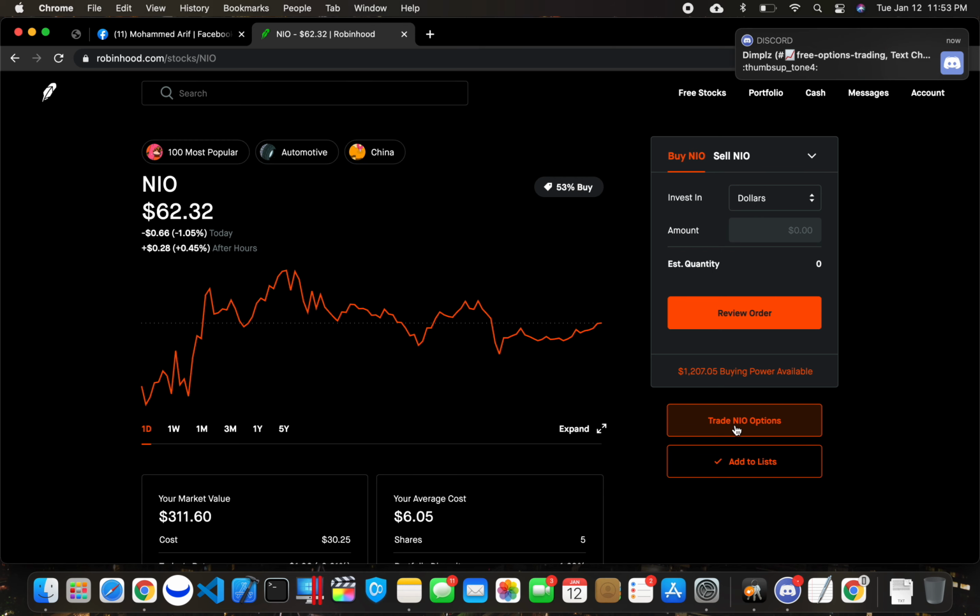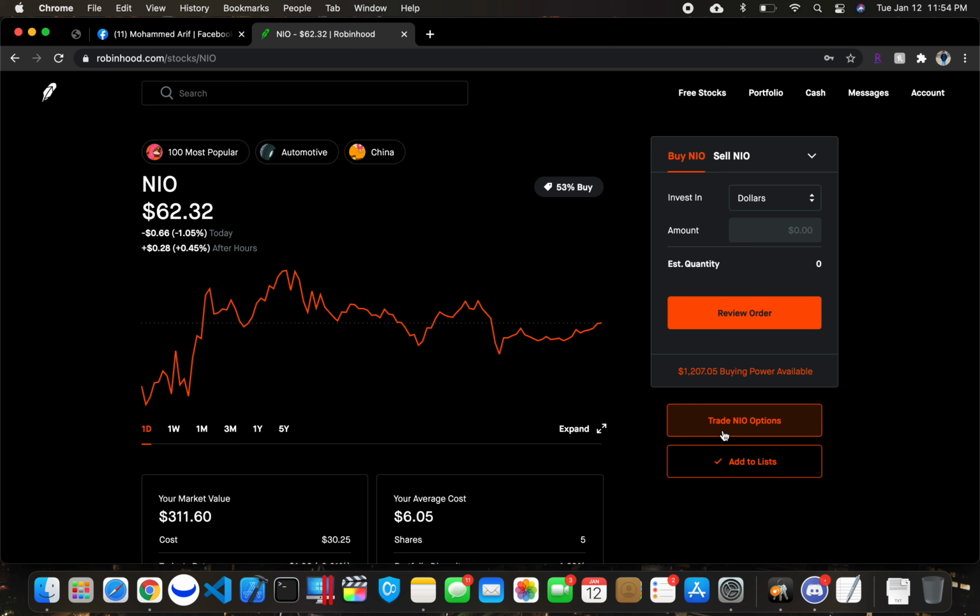If you click on trade, you will see an option that says trade option, sell or buy. You'll always be clicking on trade options on the phone, and on the computer you'll be clicking on trade Neo options. Either way, they're both the same. It's just two different interfaces, one on the computer and one on the phone.